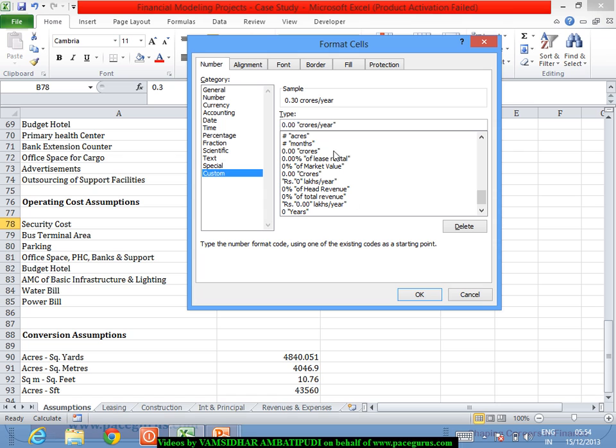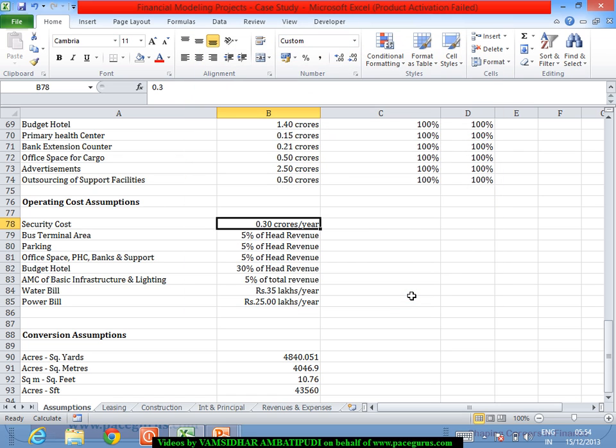I'll make it as 2 digits after the decimal point. So this comes out as 0.30 crore per year.